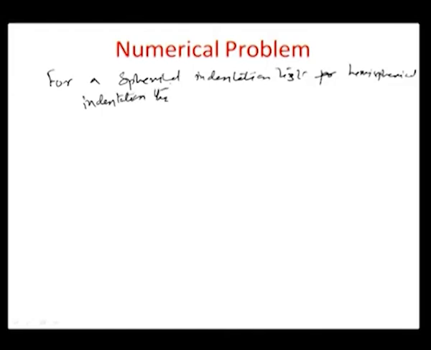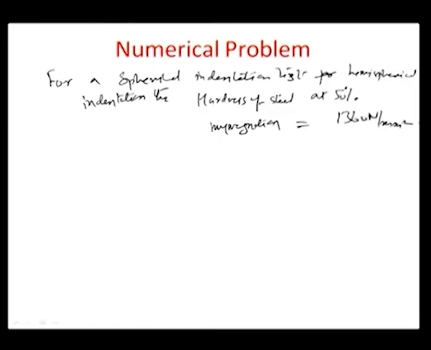The hardness of the steel at 50% impregnation comes out to be 1360 Newton per millimeter square.